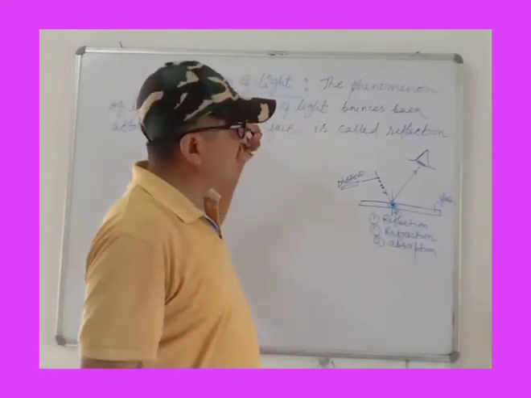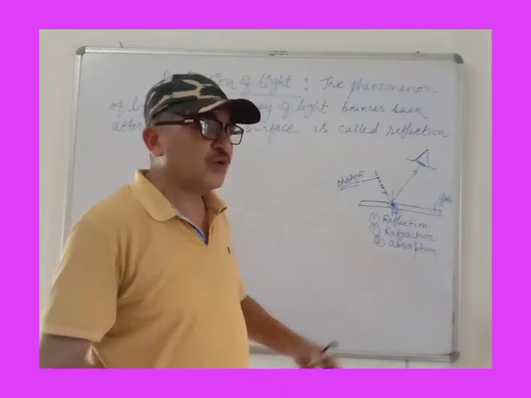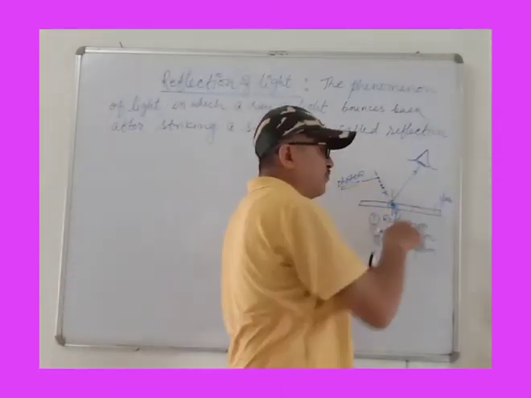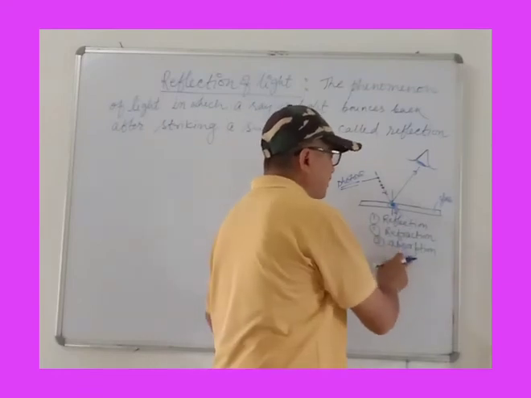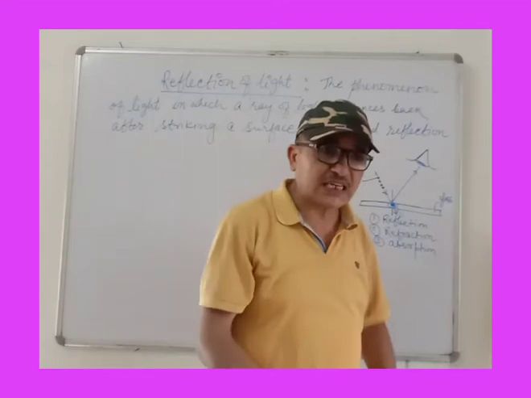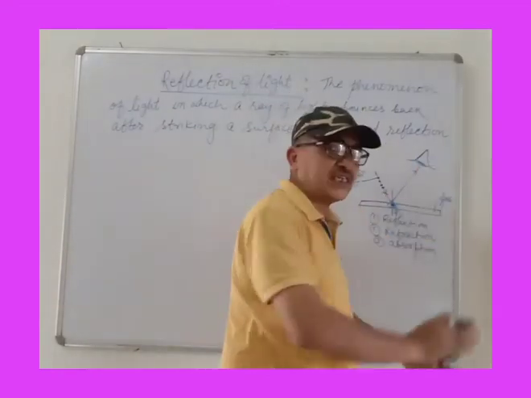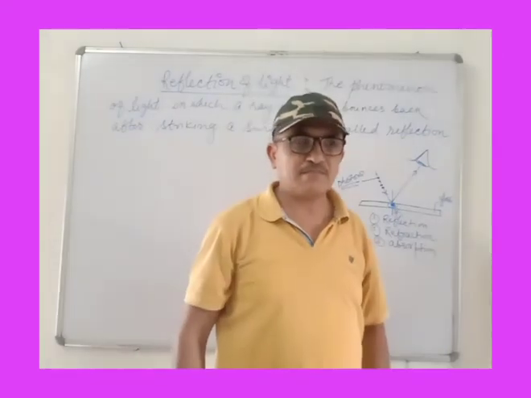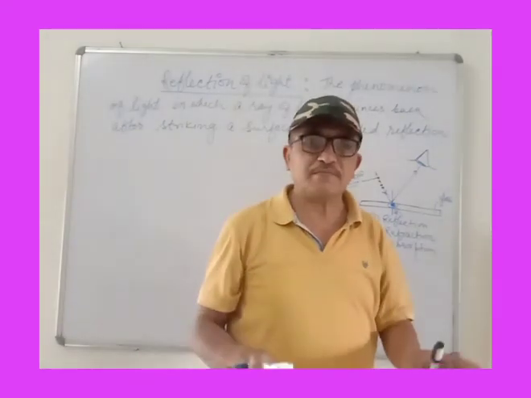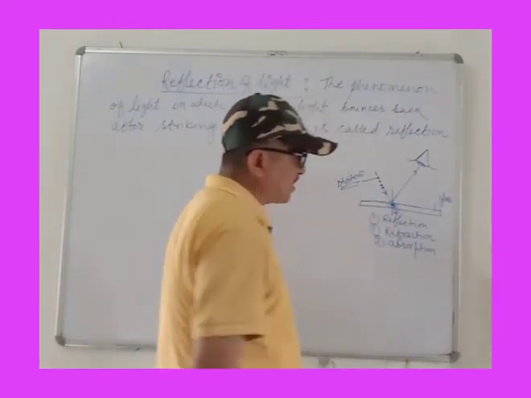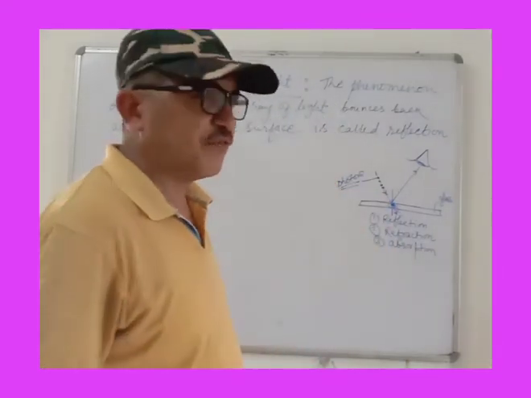But when we study reflection, we assume that maximum light is getting reflected and we ignore absorption and refraction. And when we study refraction, we ignore reflection and absorption and we study only refraction. But all the things happen together. So we are studying reflection, so we will focus on only reflection.